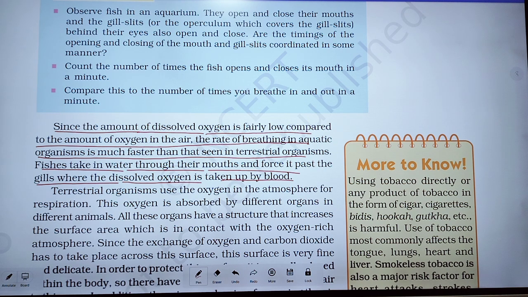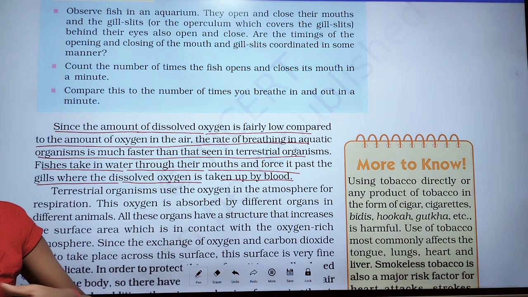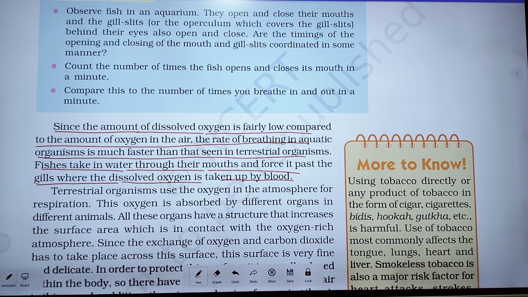It means fishes take water through their mouths and force it past the gills, where the dissolved oxygen is taken up by blood cells.